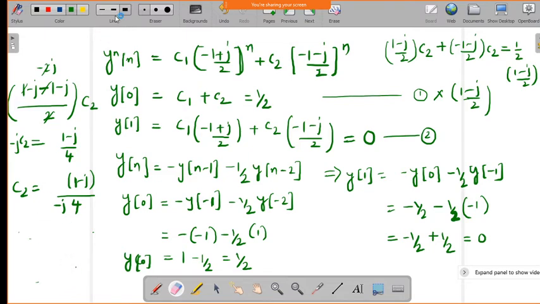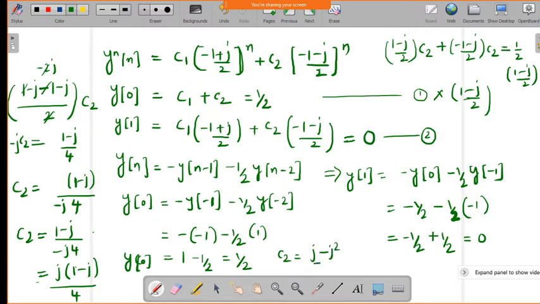C2 is equal to 1 minus j by minus j into 4. If you take j to the numerator, it will become plus j, divided by 4. So the C2 value is nothing but j minus j square divided by 4, which is equal to 1 plus j by 4. So this is the value of C2.